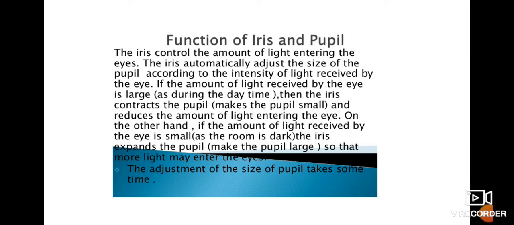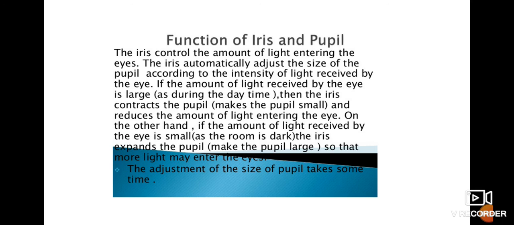Suppose the amount of light received by the eye is large, during the daytime or when you are moving towards bright light, then the iris will contract the pupil. As contraction occurs, the pupil becomes smaller and reduces the amount of light entering the eye.